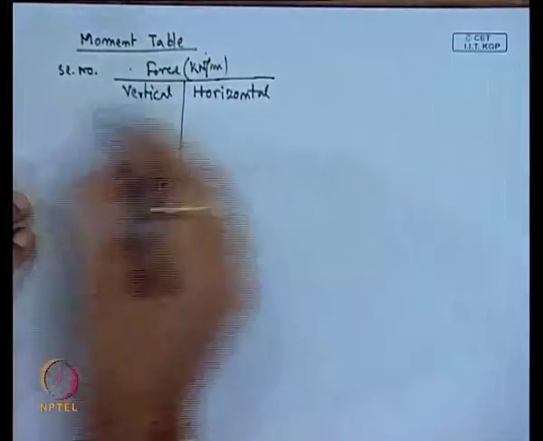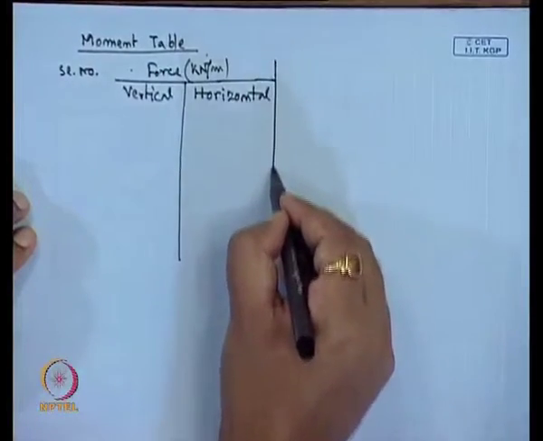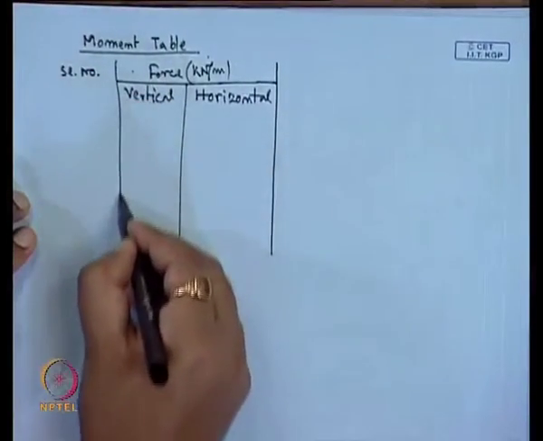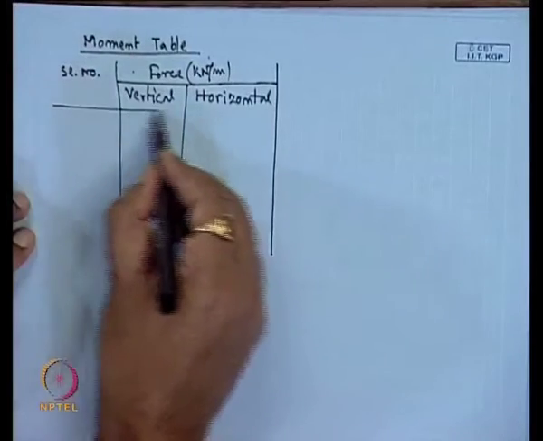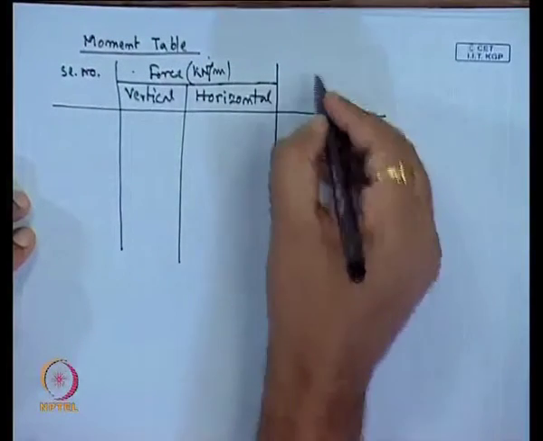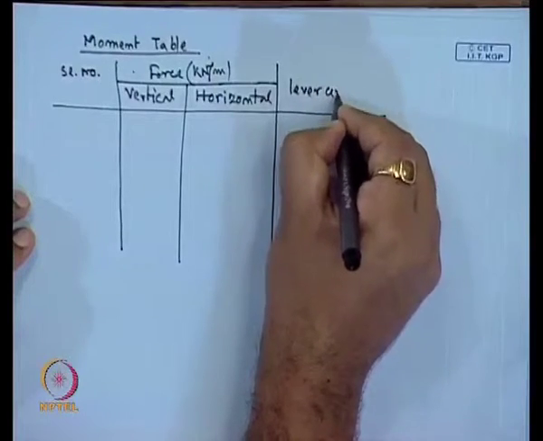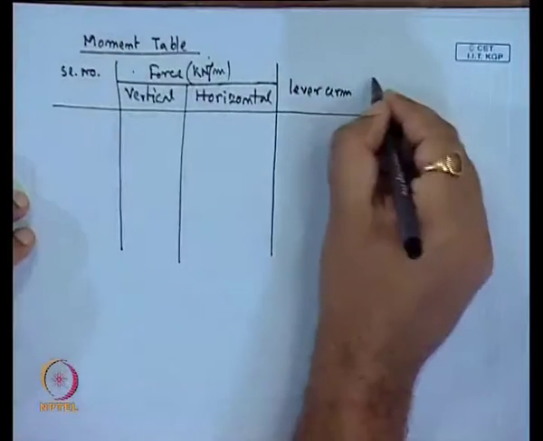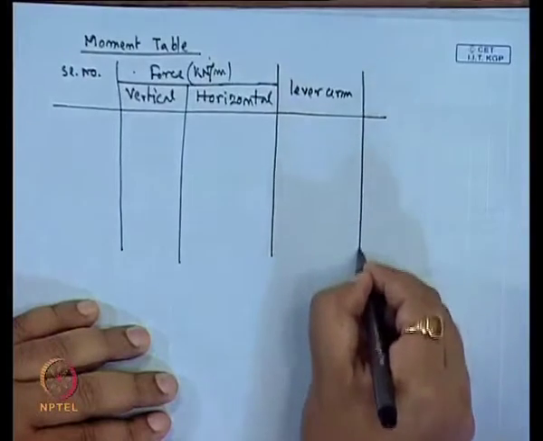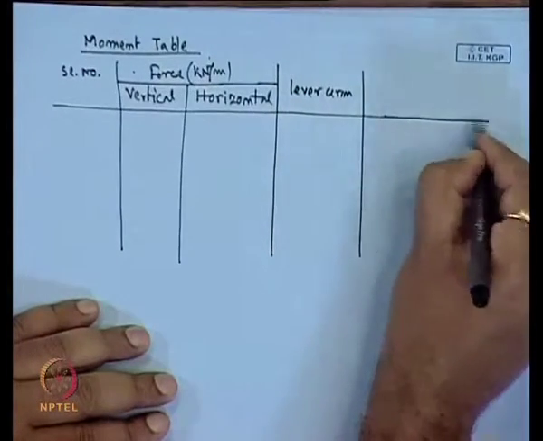The next column is our lever arm with respect to the toe. The next one is the moment.